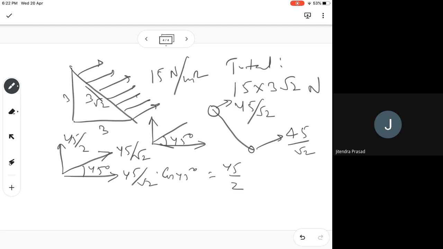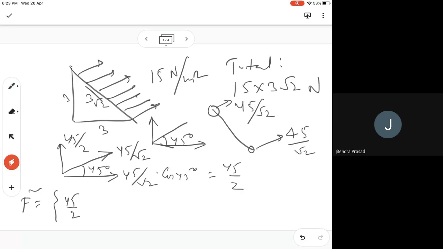So this point and this point are equivalent, with the same value in the same direction. So finally, this is 0.1, this is 0.2. What do we get? F is equal to 45 over 2.